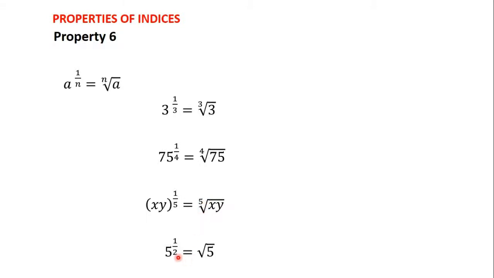So if it's 5 exponent 1 over 2, it is written as the square root of 5. If n is 2, then your answer is the square root of the number. So 5 exponent 1 over 2 is equal to the square root of 5. So if you have a exponent 1 over n, it's written as the nth root of a.